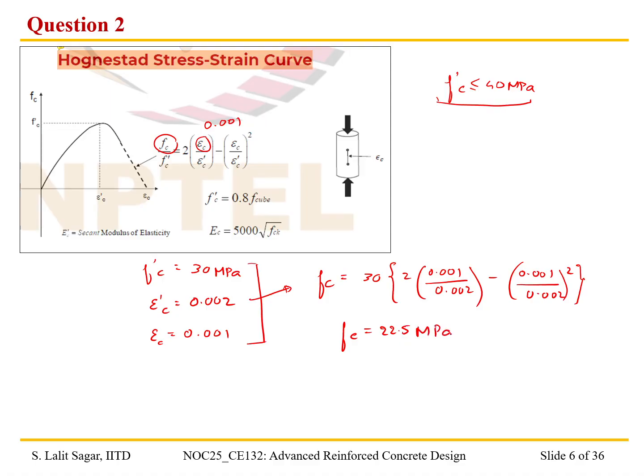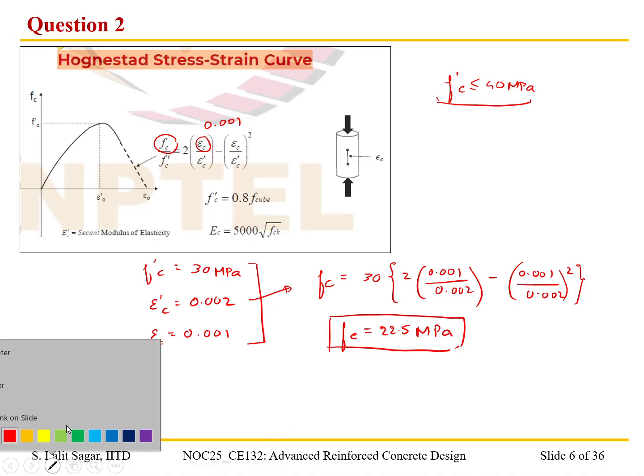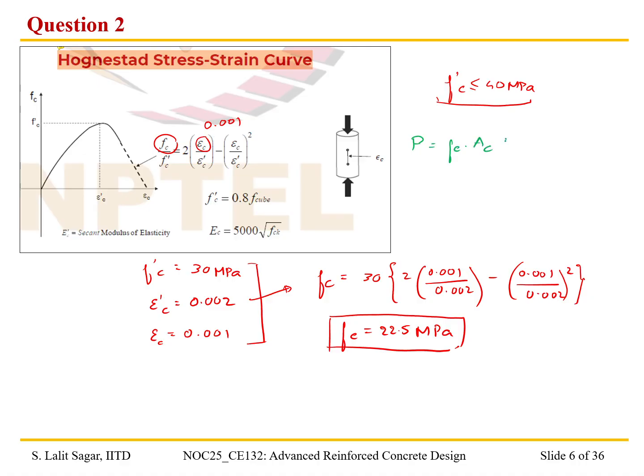I request the participants to solve the problem along with me, and to check and verify if they are also getting the same answer. Once we have the value of Fc, we know that the axial load P is given by Fc into AC plus Fs into As.